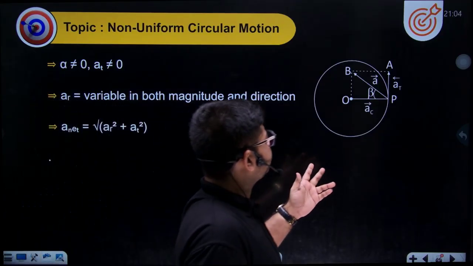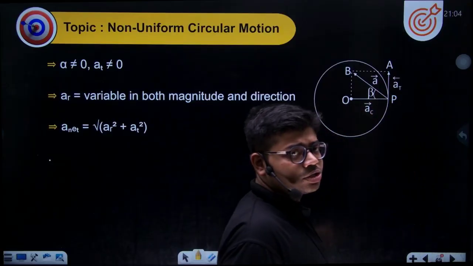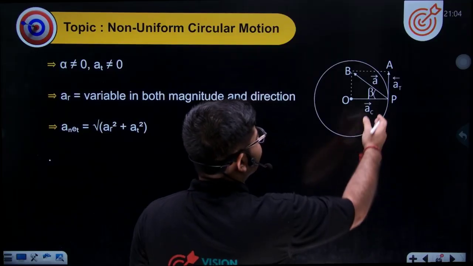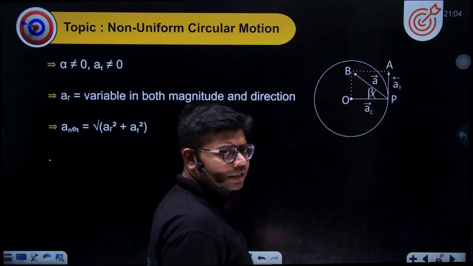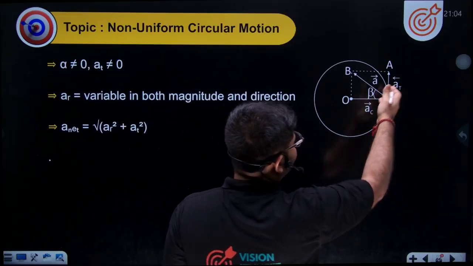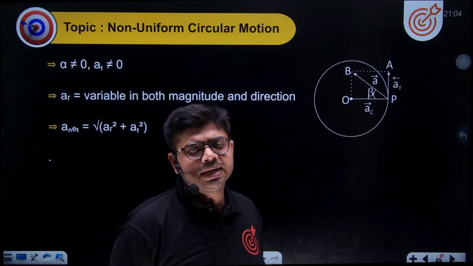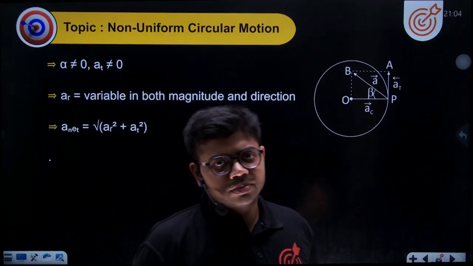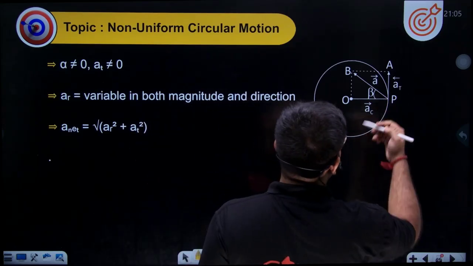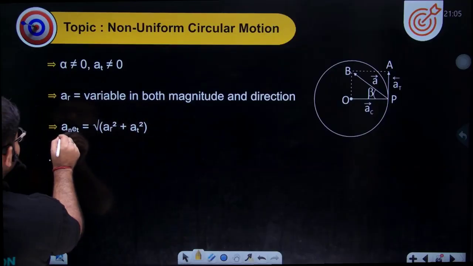Now you see, in the non-uniform case you have the AC also, you have the AT also. That means how will you find your net acceleration? AT and AC are perpendicular to each other. Just apply vectors. When two vectors are perpendicular to each other, how do we find the resultant? Resultant is equal to root over the magnitude squares. So root over AT square plus AC square, that is going to give you the A net.